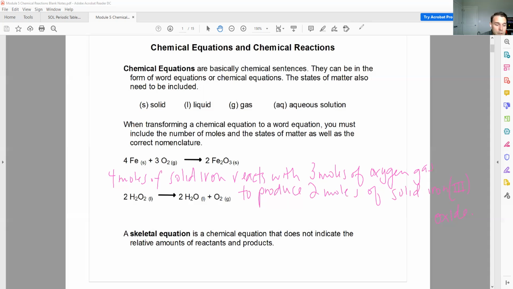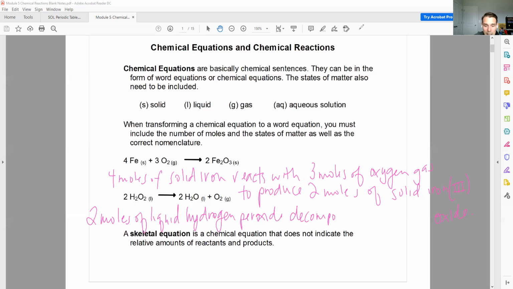For this next one, so we have 2 moles of liquid, H2O2 has a polyatomic ion. We should know this one is hydrogen peroxide. Now, there's only one reactant here, so it's not really producing anything, but it's breaking down to form. The chemistry term that we're going to use is decompose.